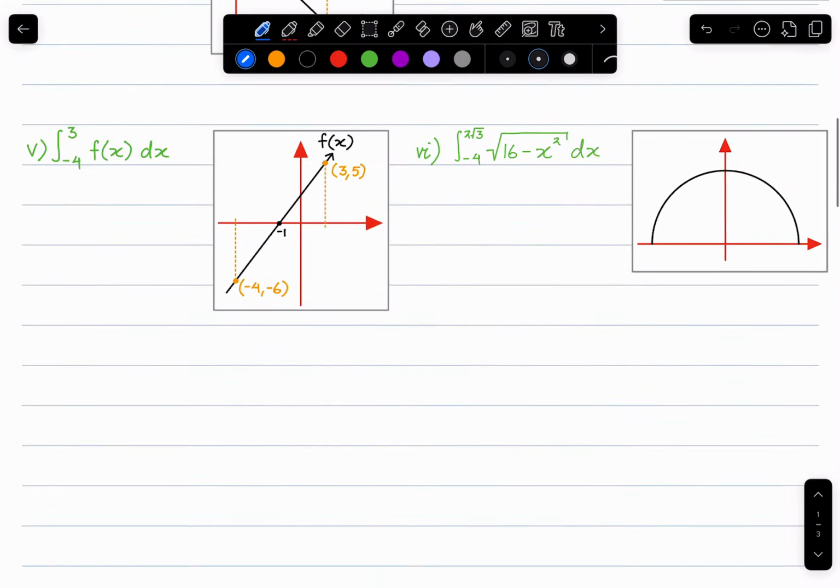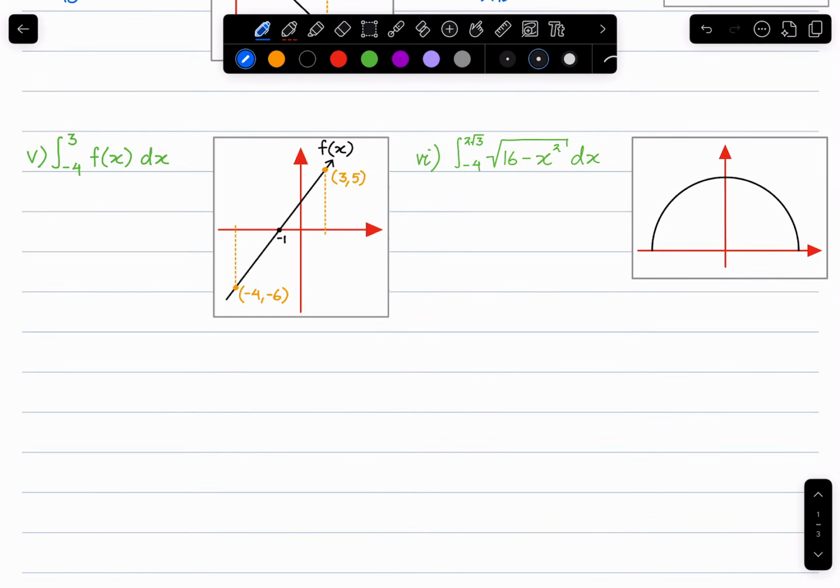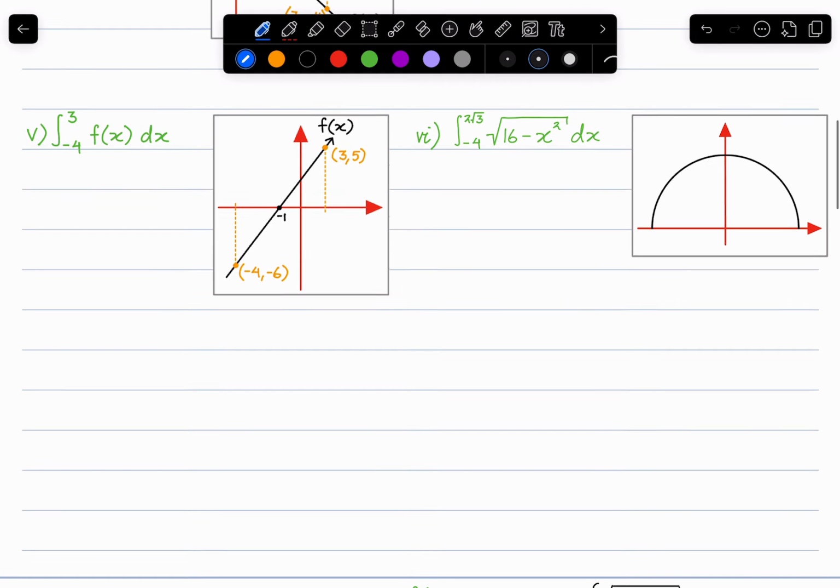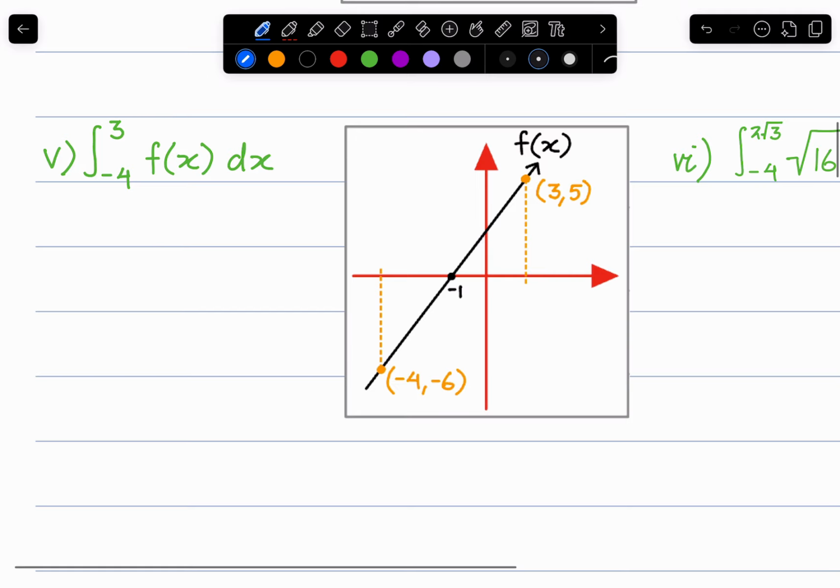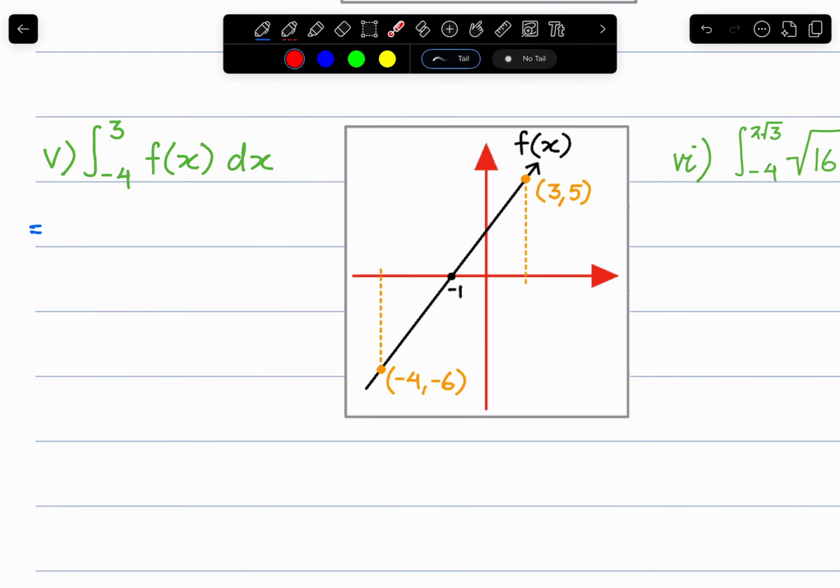Okay, so let's move on to the last two examples here. I hope by now we can see what this is. It's very straightforward. This next one is asking us to find the definite integral from -4 up until 3.